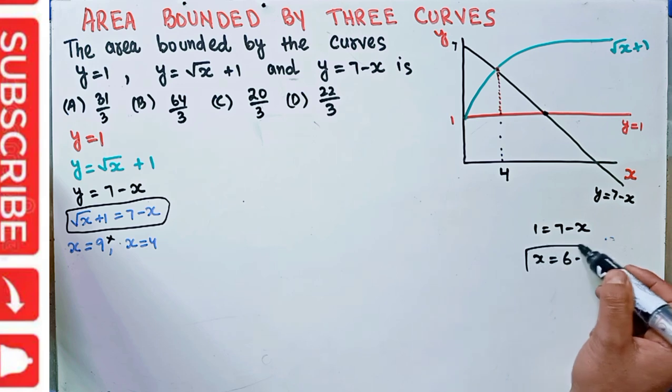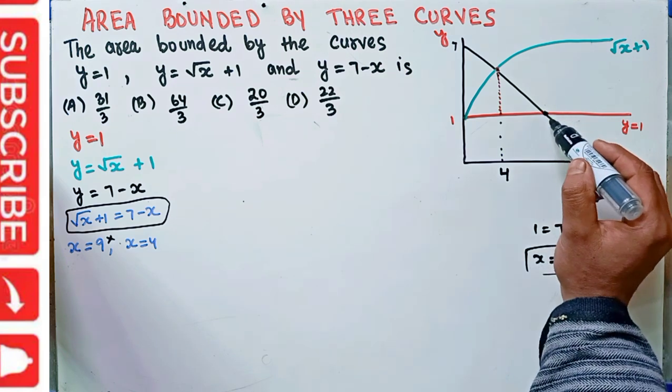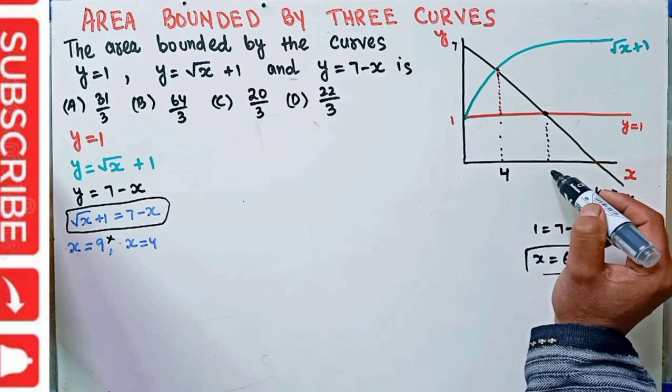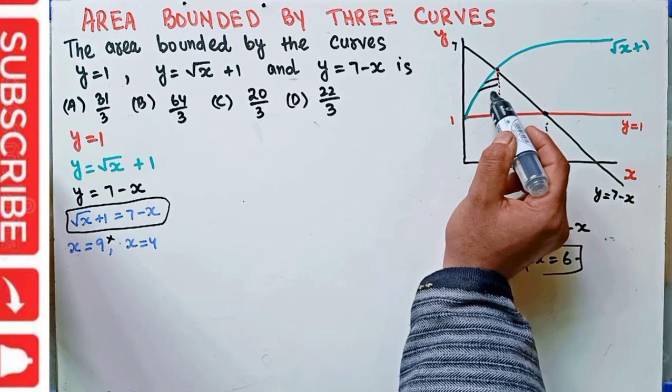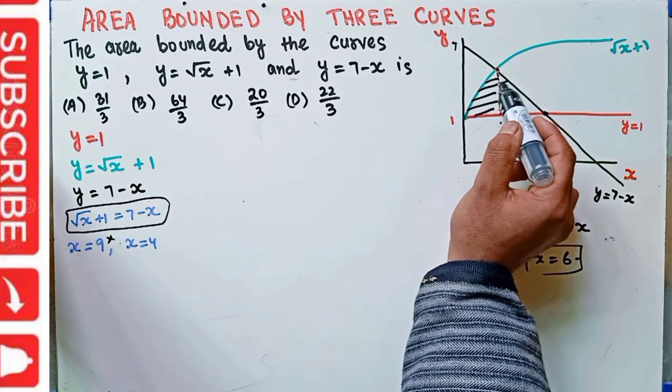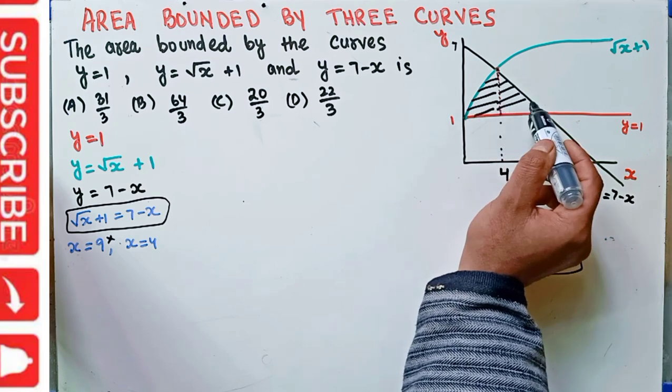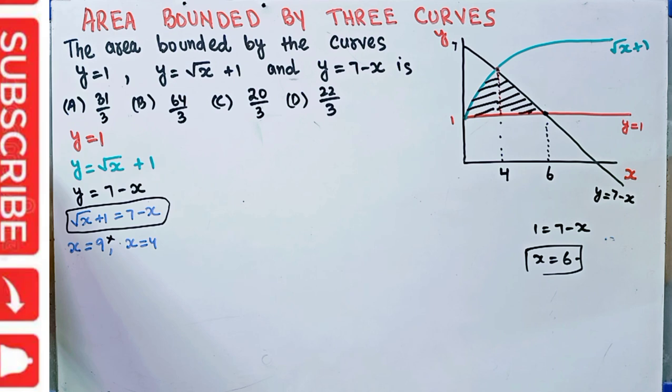Okay, so we got the value here 6. Okay, but we are interested in finding the area of these two regions. Remember, we are supposed to find out the area bounded by these three curves, the common area obviously.